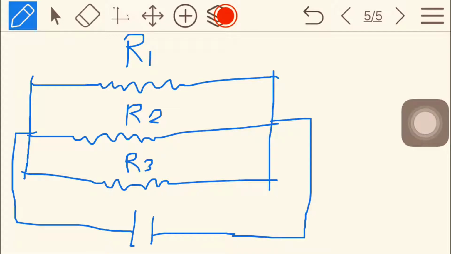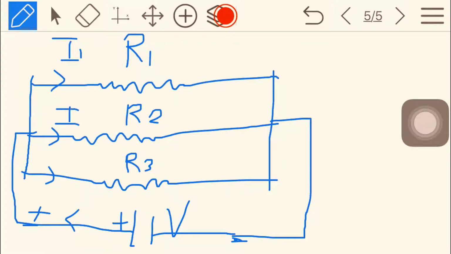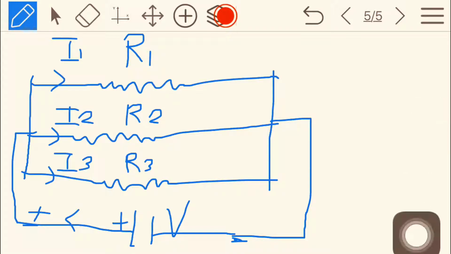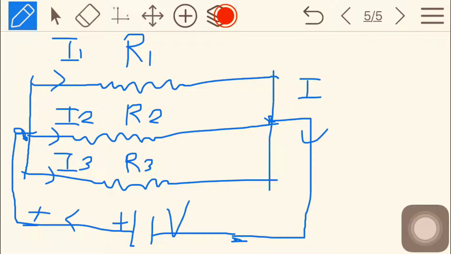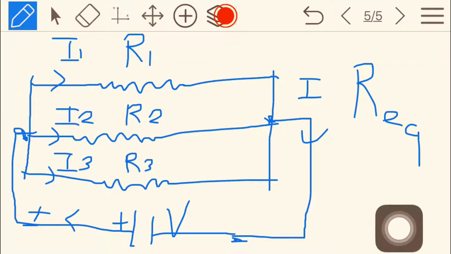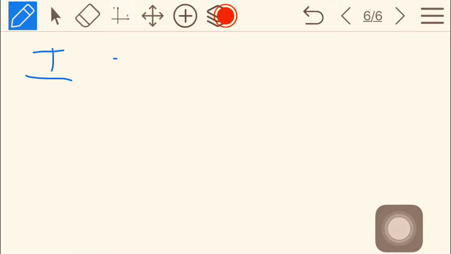You can see on the screen these resistors are connected to a single voltage source having voltage V. Current I flows through the circuit, and at this point current I is divided into I1, I2 and I3.